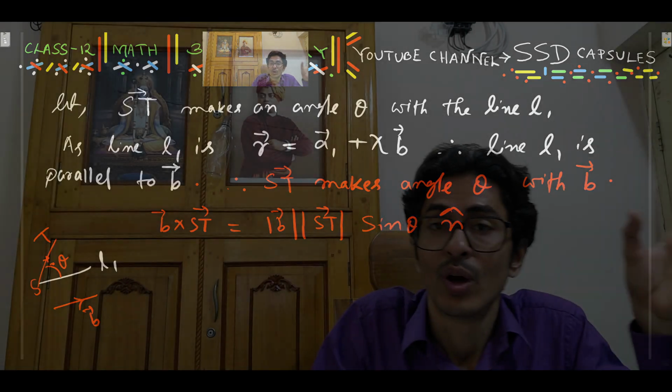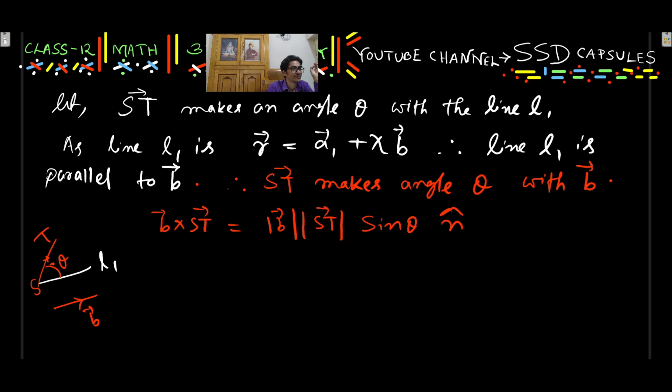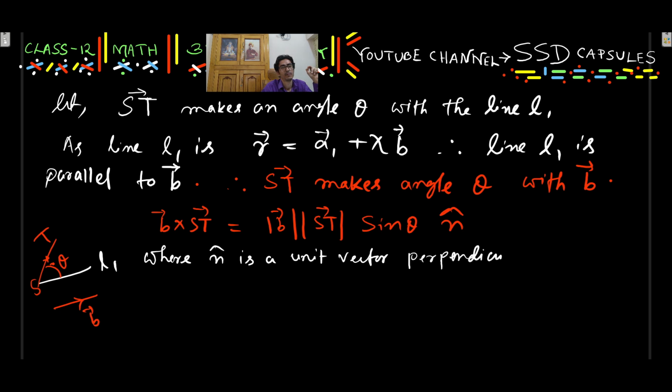What is n cap? From the definition of vector product, we know that this n cap is nothing but a unit vector perpendicular to both ST vector and B vector. Here, n cap is a unit vector perpendicular to both B vector and ST vector.